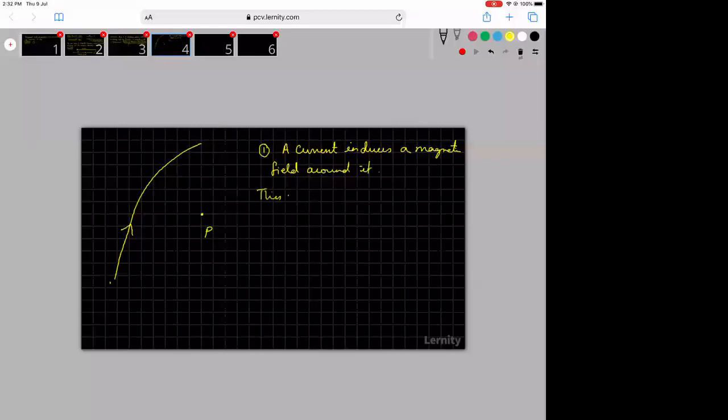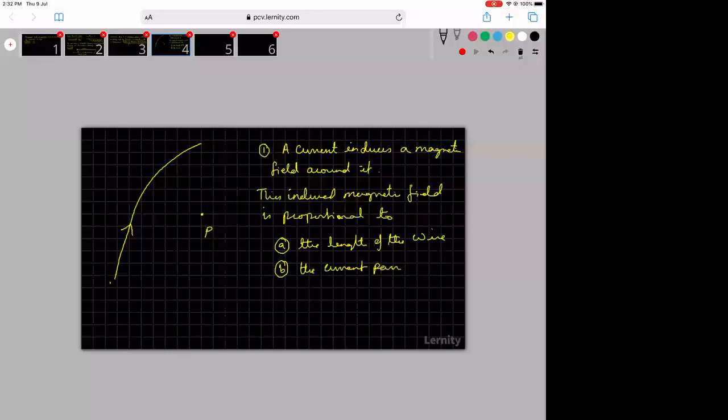Then this induced magnetic field is proportional to A, the length of the wire, B, the current through it, C, sine theta, D, inversely proportional to R square.